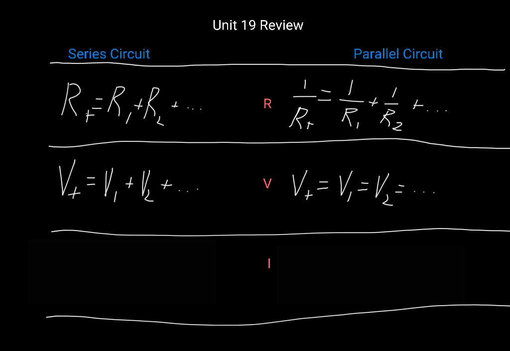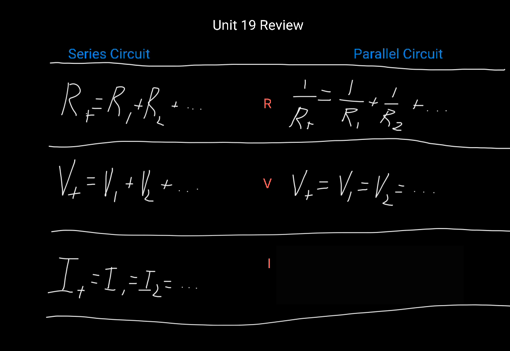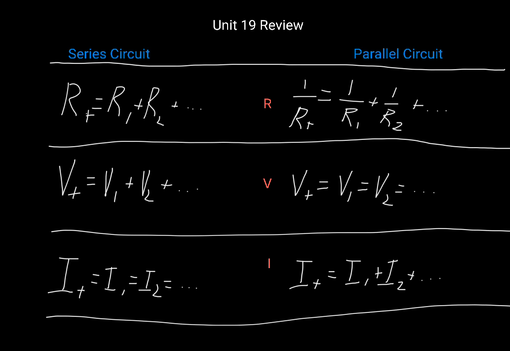So the voltage drop across the first resistor is equal to the voltage drop across the second resistor, which are all equal to the total voltage. In current, this idea changes. So for a series circuit, the total current is equal to the current through each of our resistors, whereas in parallel, the total current is equal to the sum of all of the individual currents.